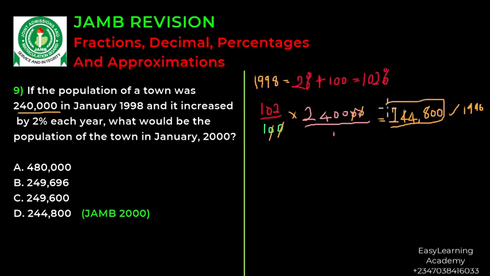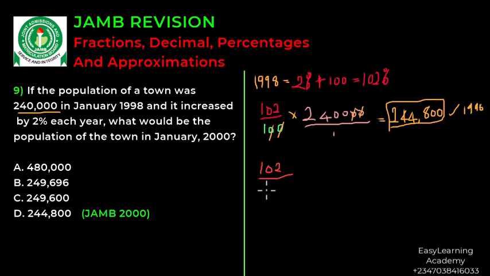So we've been able to have it as 244,800. The question asks us to find the population for the year 2000, and for us to find that, we are going to replace this new population where we had the former one. With our percentage, remember the percentage is always 2%, so the increment remains the same. So we have our increment still as 102 all over 100.